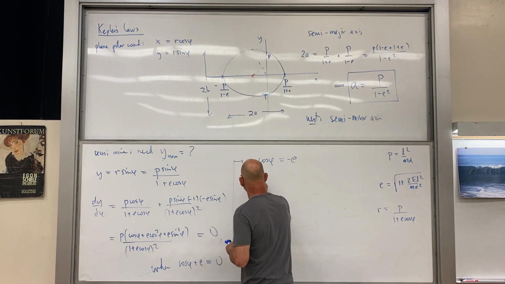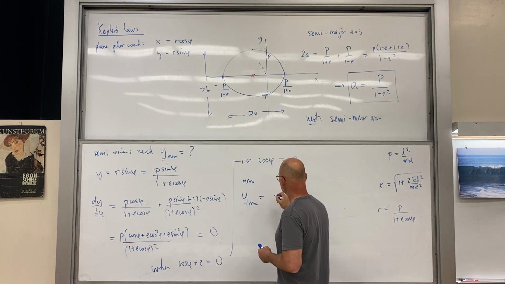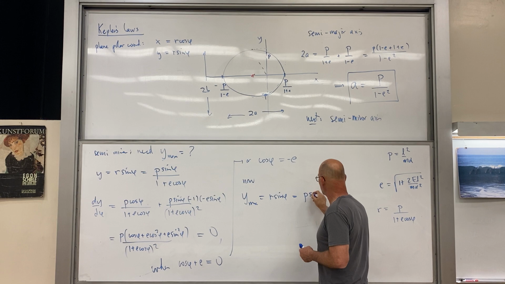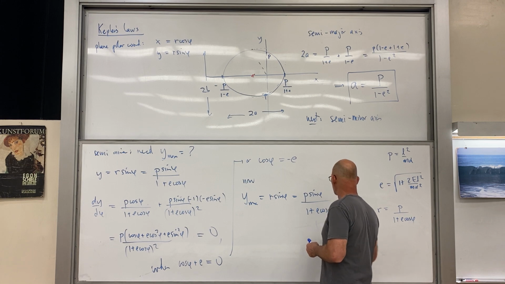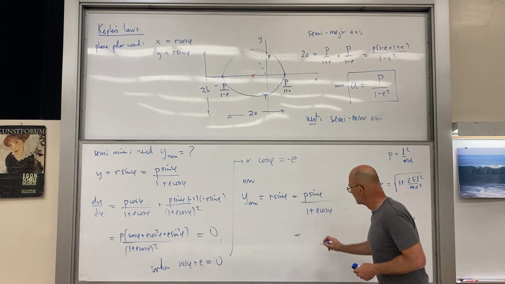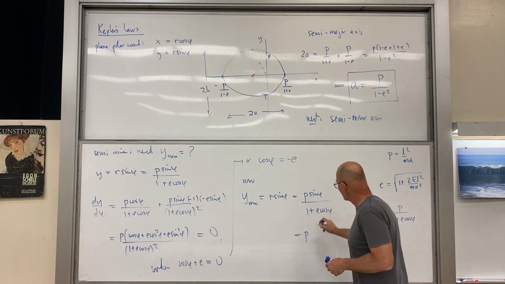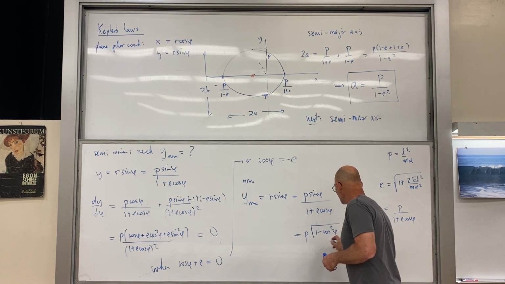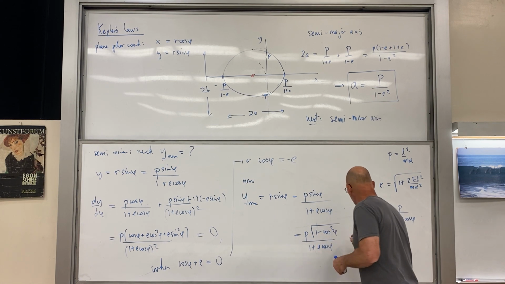What is y maximum equal to? So now y max is equal to r sine of phi, which is equal to p sine of phi over 1 plus e cos phi. Now, put the p out front. We have cosine phi is equal to minus e, so we'll get rid of the sine by writing root 1 minus cosine squared phi over 1 plus e cos phi. And now we can make our substitution.